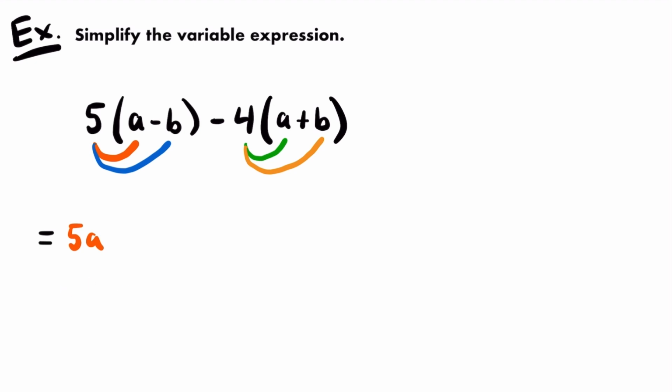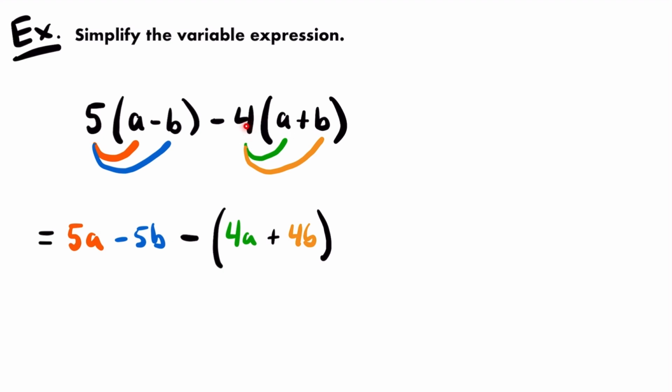In the same way, 5 times negative b will give you negative 5b, and then we're going to subtract multiplying 4 by a and by b. And so you want to keep those in parentheses because we are going to be subtracting both of those terms, right? So you'd have 4a and then multiply 4 by b, so you'll have plus 4b, and then you want to close out the parentheses.